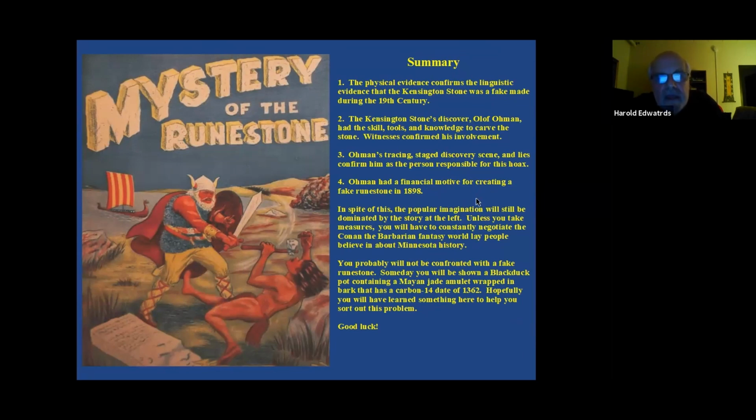Ullman's tracing, his staged discovery scene, and the various other misstatements that he made, or lies, show that he's the person responsible for this hoax. And he also had a financial motive for creating this fake runestone in 1898 and going through this elaborate ruse of convincing his neighbors that he innocently found it.